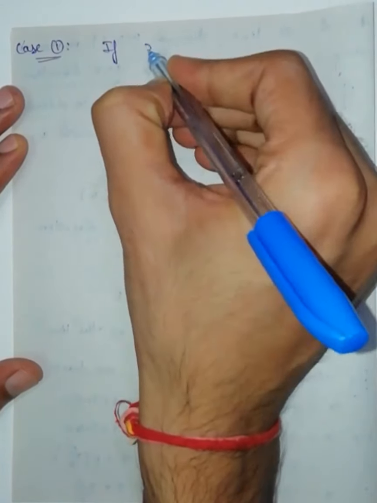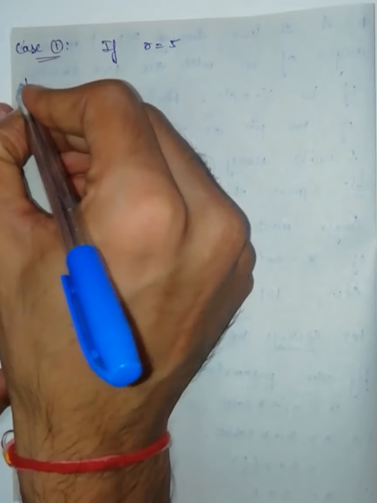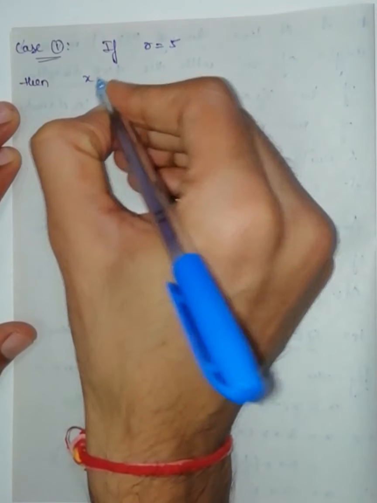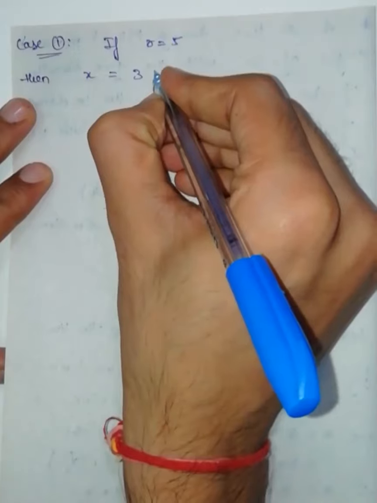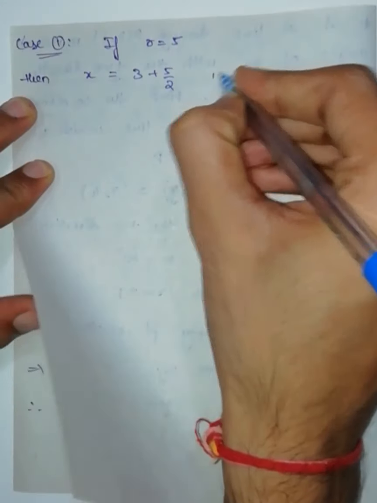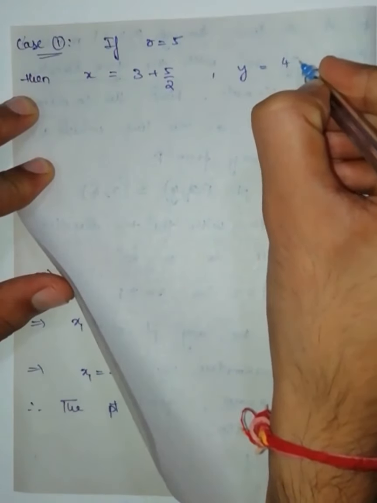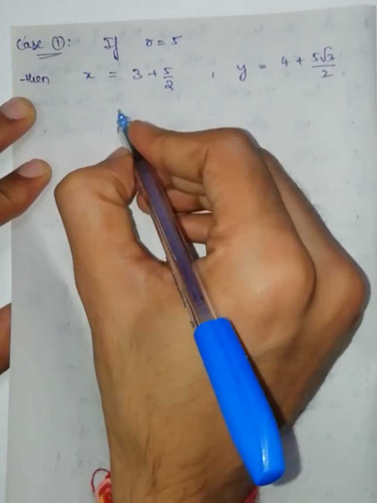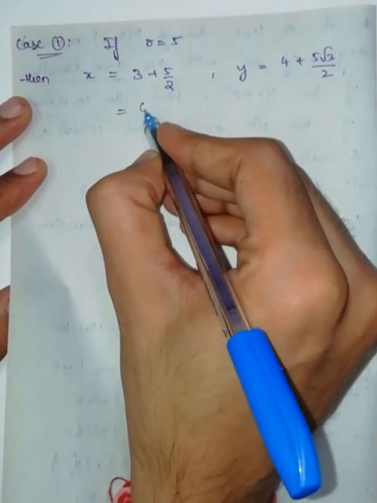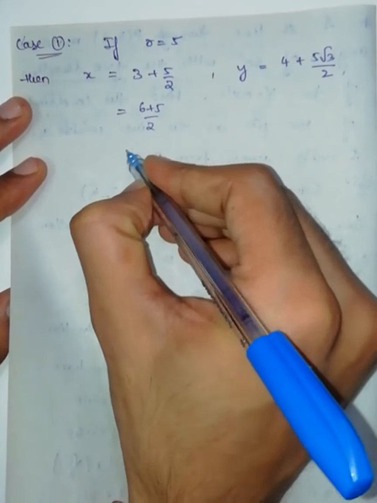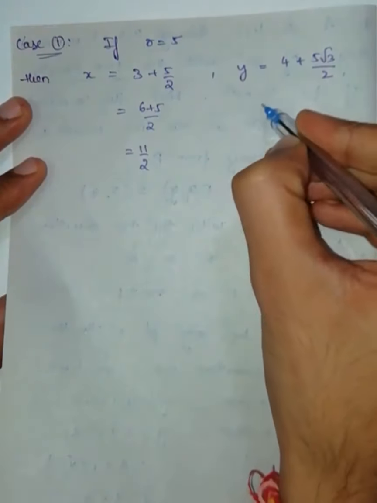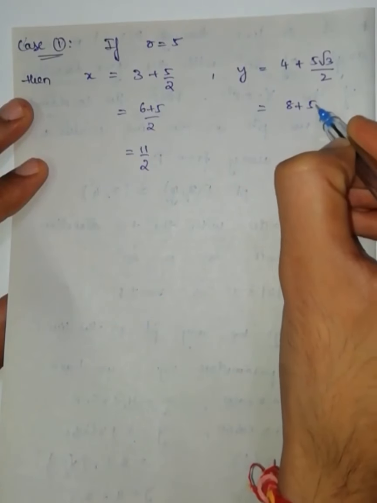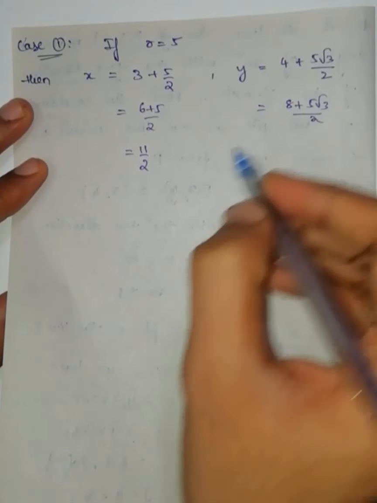If r is equal to 5, then what is x? Then here you will get x is equal to 3 plus 5 by 2 and y is equal to 4 plus 5 root 3 by 2, which is equal to LCM, 6 plus 5 by 2, nothing but 11 by 2, and here y, 8 plus 5 root 3 by 2.